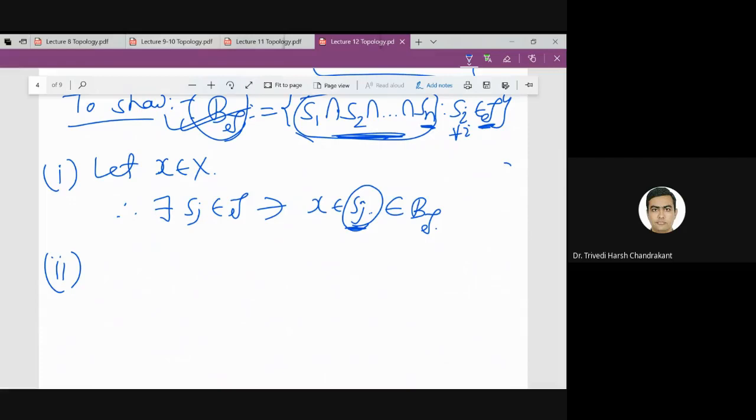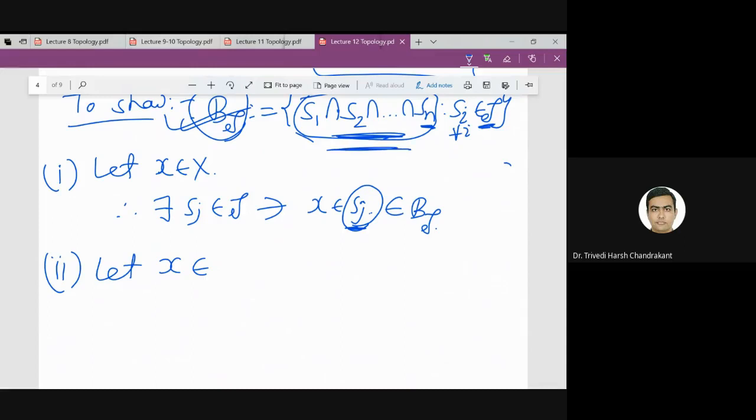Now the second condition is that if x belongs to B1 and x belongs to B2, then there exists B3 in the basis so that x belongs to B3, which is contained in B1 intersection B2. So let x belong to B1.